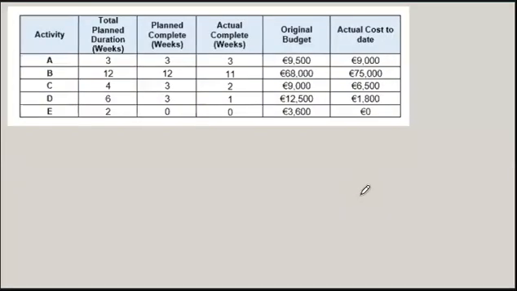Okay, so here's our example. I'm going to add 2 columns here, one for planned value and one for earned value. All those figures are given to us at the end of week 19, so that's what we're going to be treating as such.